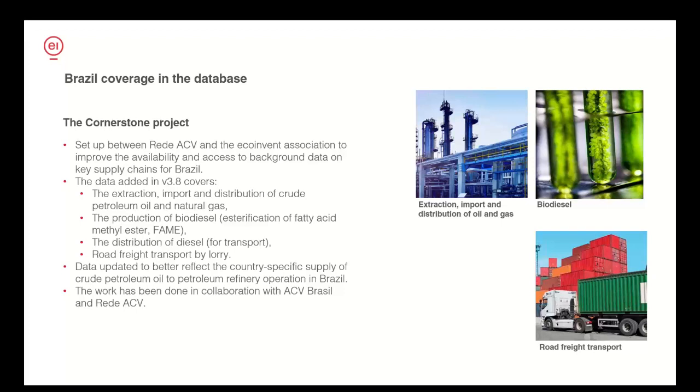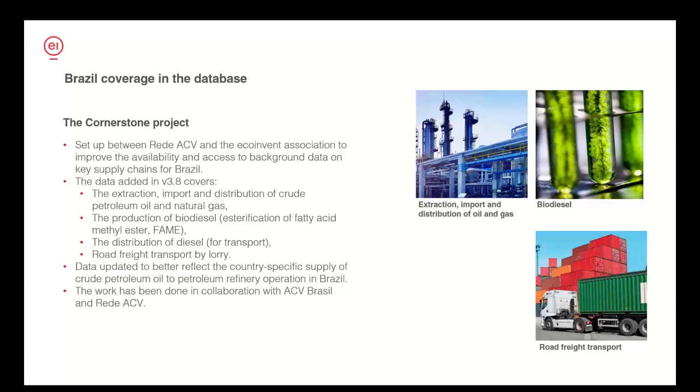It's called the Cornerstone Project that was set up between Rede ACV, that's the Brazilian Business Network for LCA, and the ecoinvent Association, to improve the availability and the access to background data that represent key supply chains for Brazil for practitioners, of course in Brazil, but then also anywhere in the world.